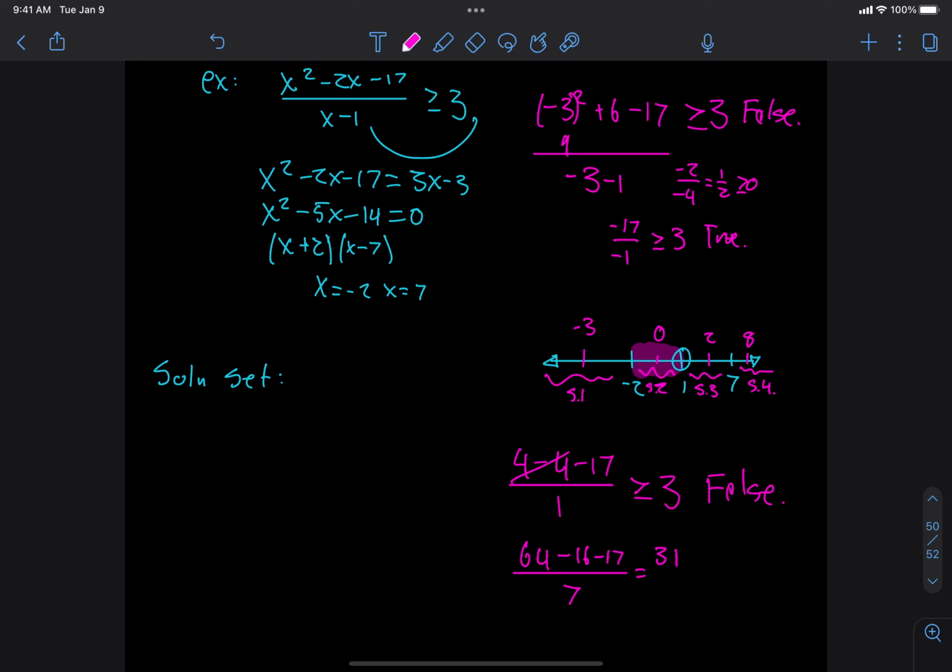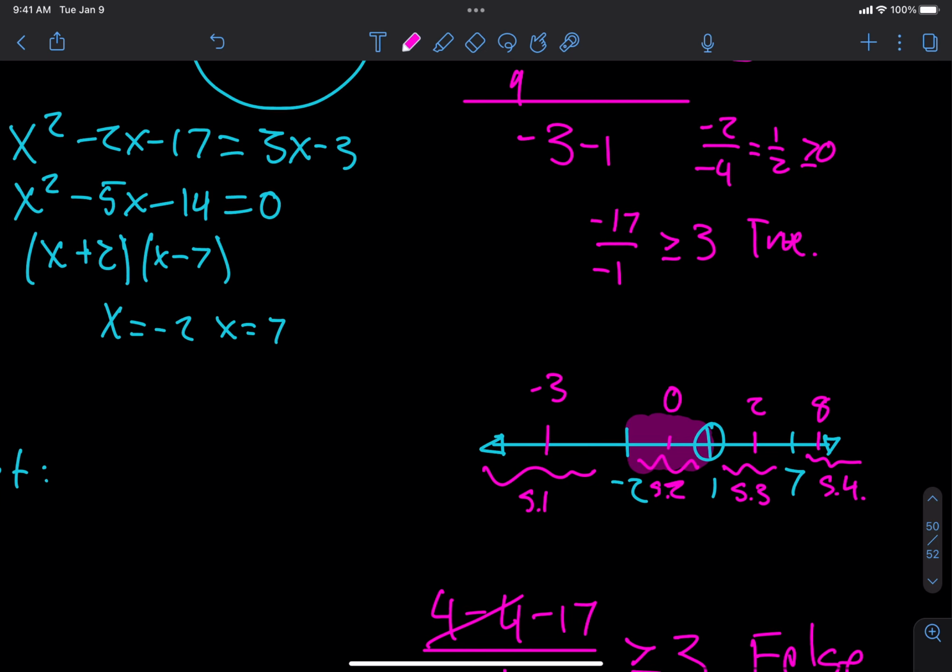So this is 31 divided by 7. Is it larger than or equal to 3? Yes, because 28 divided by 7 is 4. So 31 divided by 7 is bigger than 4. So 4 is bigger than 3. It's true in this region. So we are going to graph from 7 onwards.